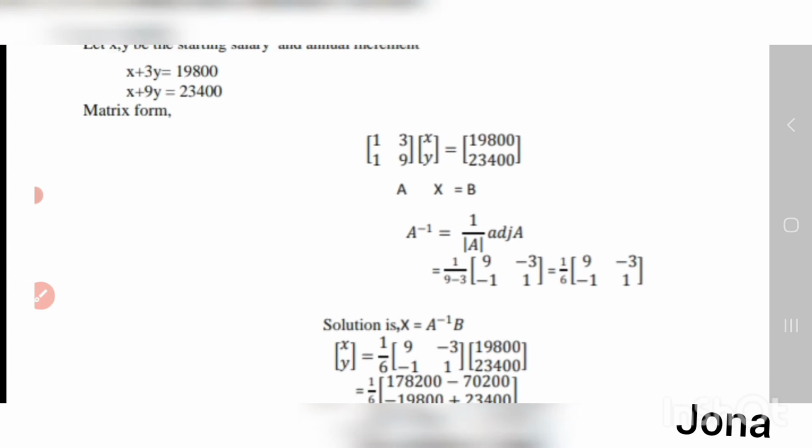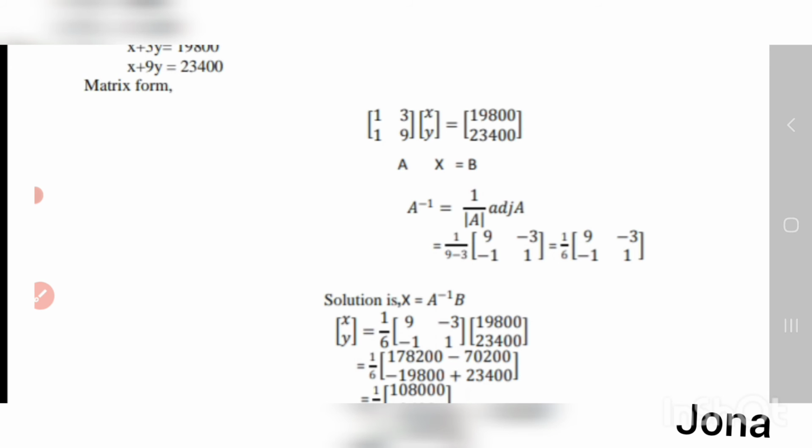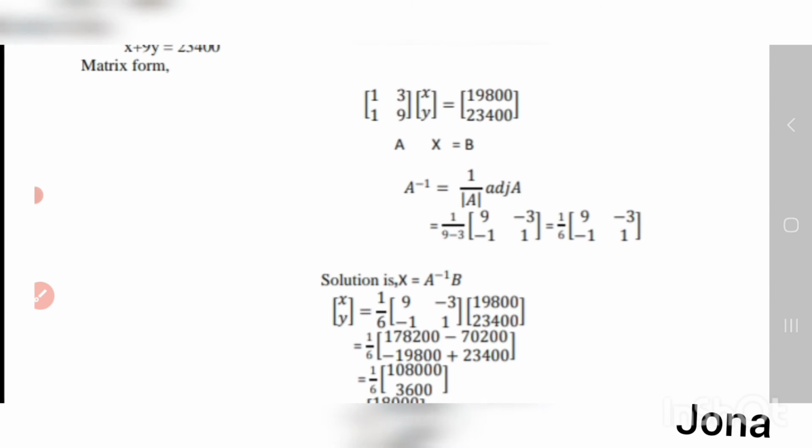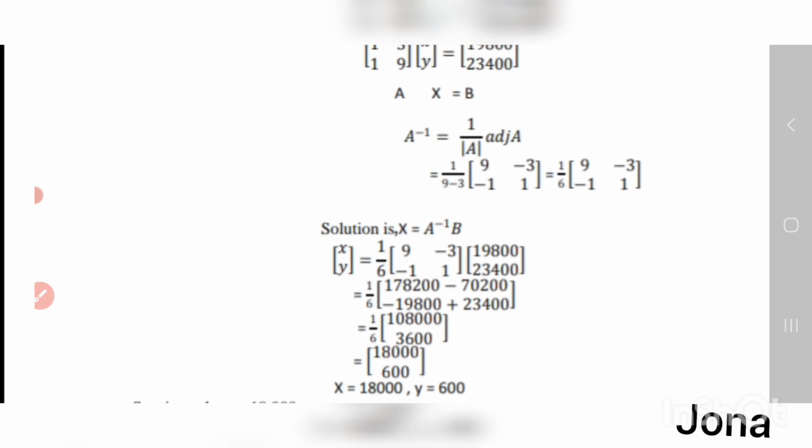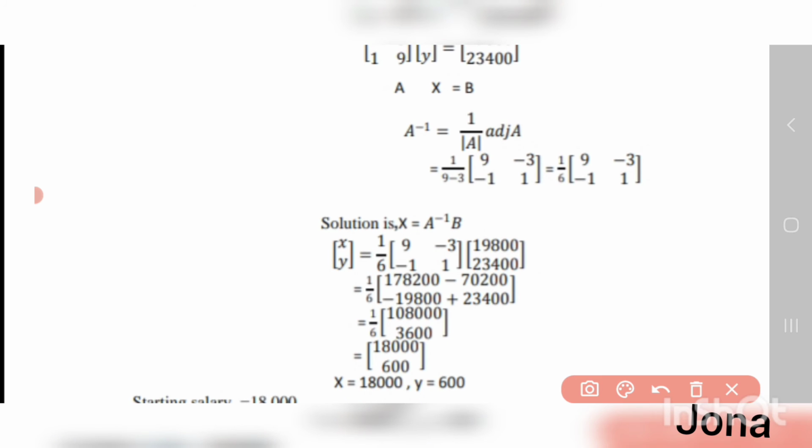For this I want to find the value of X, which is nothing but the variables x, y. So X equals A inverse B. For this I want to find the value of A inverse.